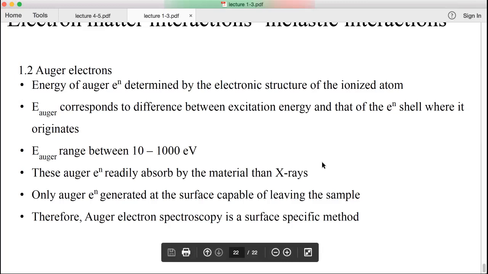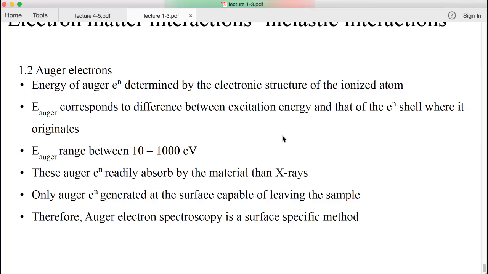But this energy range, 10 to 1000 electron volts, is readily absorbed by the material, more so than X-rays. X-rays can come out easily, but this energy is readily absorbed by the sample. So only Auger electrons generated at the surface are capable of leaving.